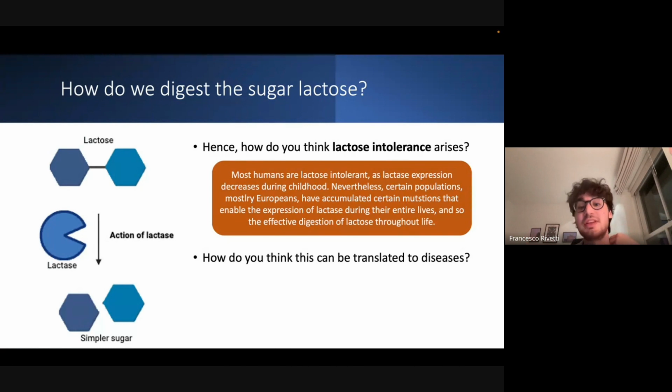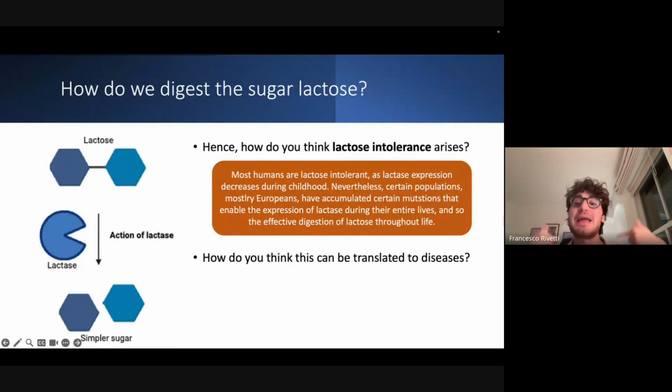And this is why, especially in European populations, lactose intolerance is quite rare, because the populations have adapted to continue lactase production throughout adulthood. Normally, in most populations, this is not the case. But for most people, it's more of the lack of the expression, the transcription of the lactase itself.